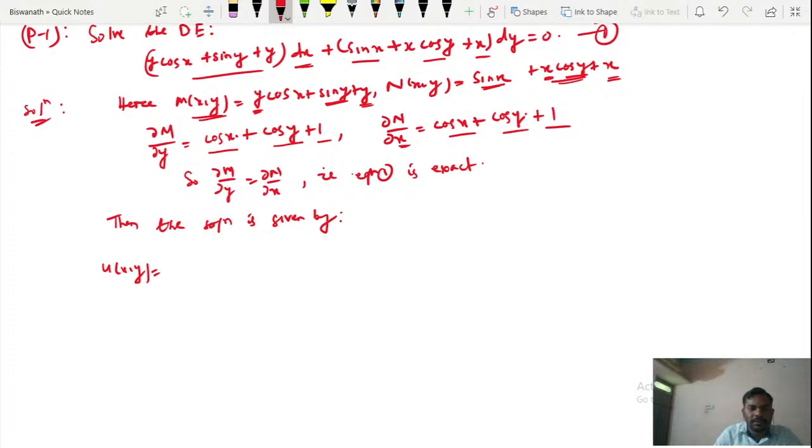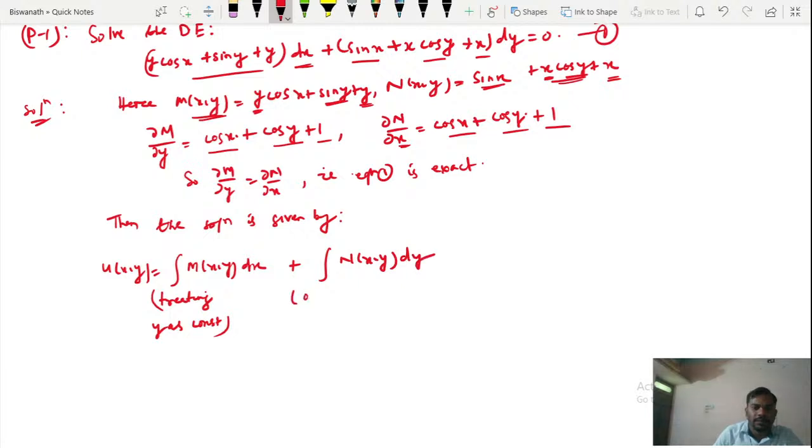Then the solution u of xy is given as the integration of M of xy dx treating y as constant, plus the integration of N of xy dy, only those terms which do not contain x.